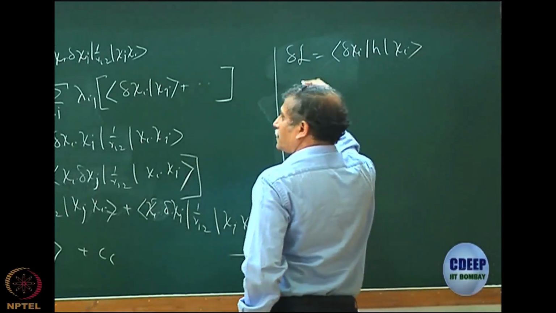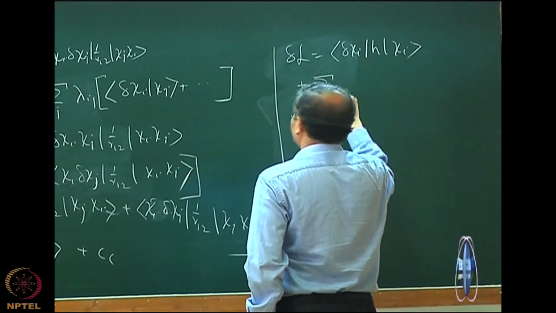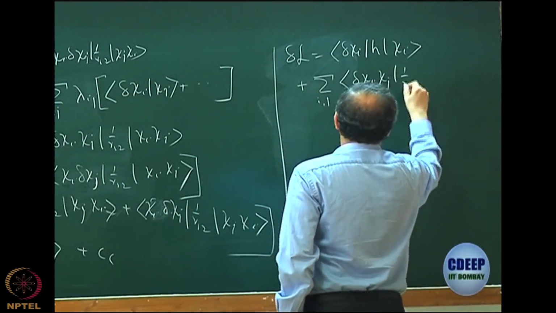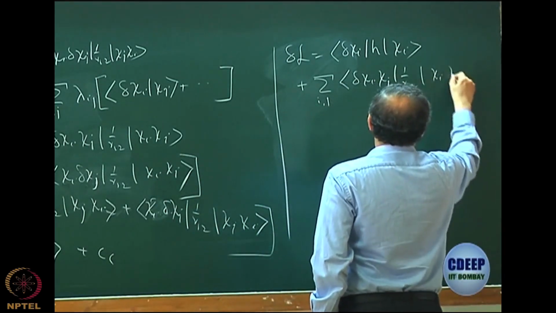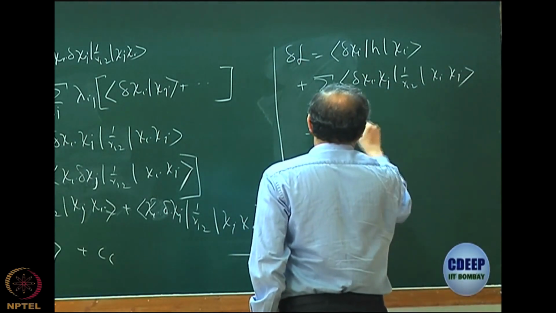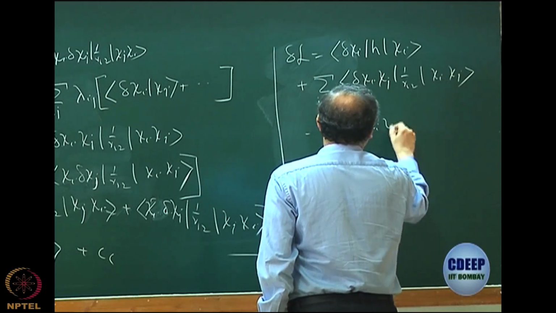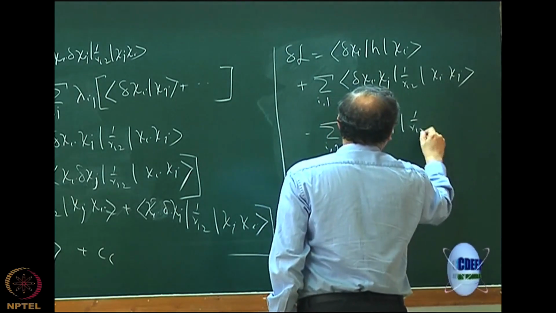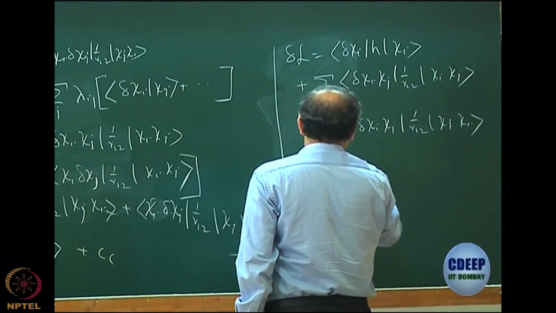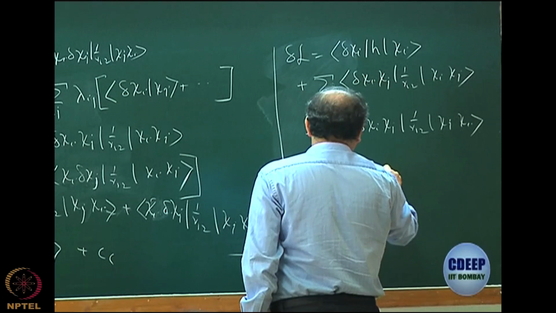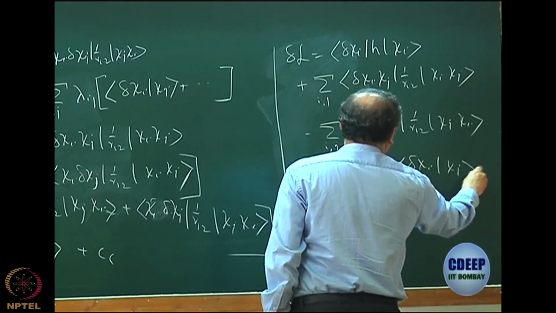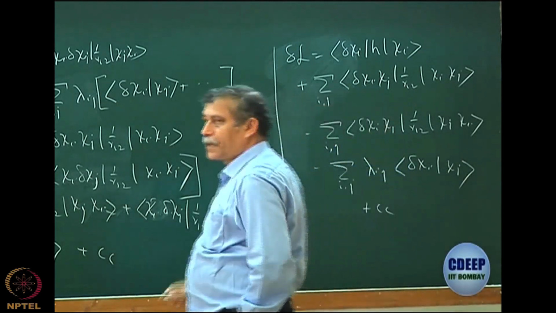And the second term, sum over ij, just one term, delta chi i chi j, 1 by R12, chi i chi j, minus sum over ij delta chi i chi j, 1 by R12, chi j chi i, minus sum over ij lambda ij delta chi i chi j, plus the complex conjugate of all the terms.